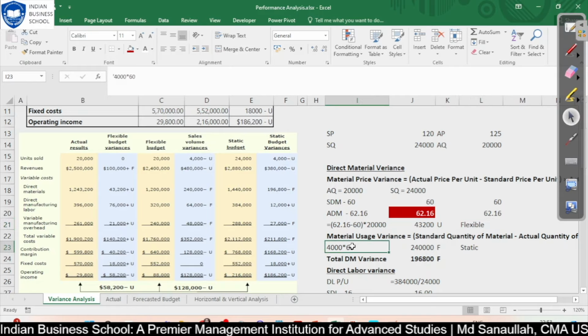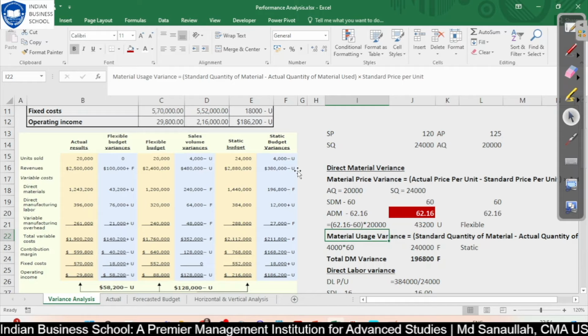Okay, so now our material usage quantity variance is also called material usage variance. The material usage variance formula is the standard quantity of material, how much is our total standard quantity, minus your actual quantity of material, then you will multiply by your standard price per unit of material.